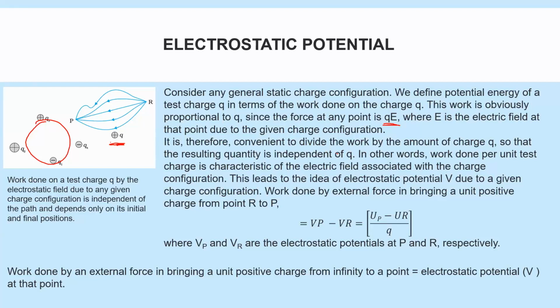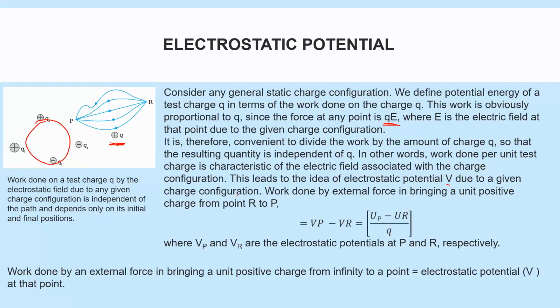Now we want to understand what is the work done per unit test charge in the electric field associated with the charge configuration. Because we are considering electrostatic charges over here, we are now going to define the electrostatic potential V that is going to be there due to a given charge configuration.